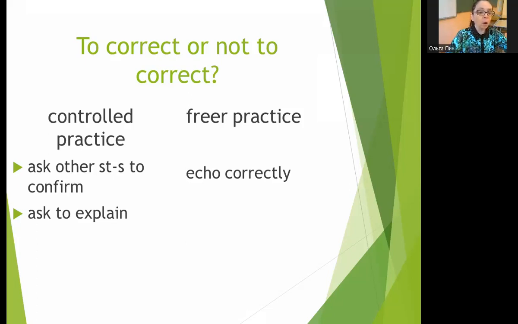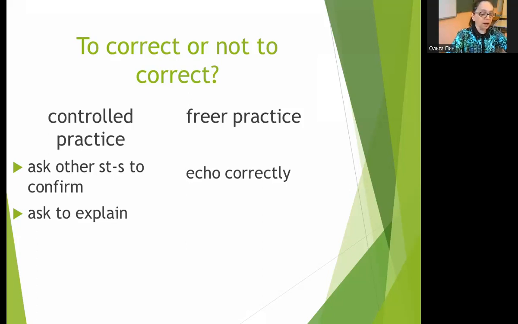And you just say, wow, you went to the cinema. Great. What film did you see? Etc. So you don't just draw attention to the mistake, you don't interfere with communication. You just naturally echo, but echo correctly.